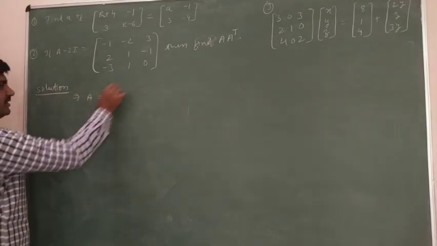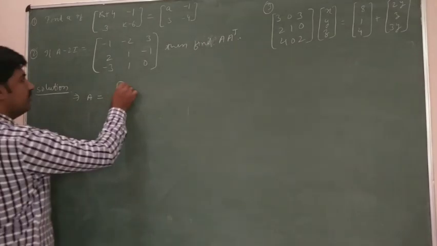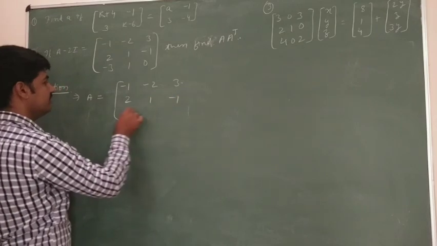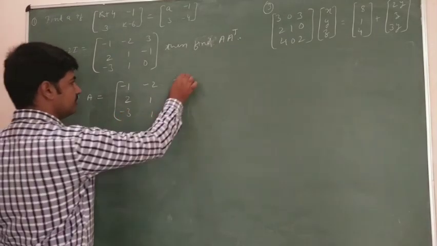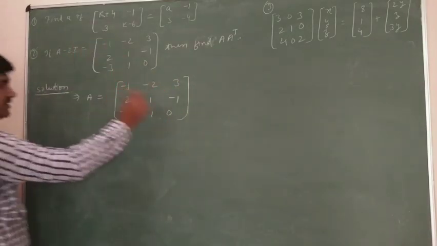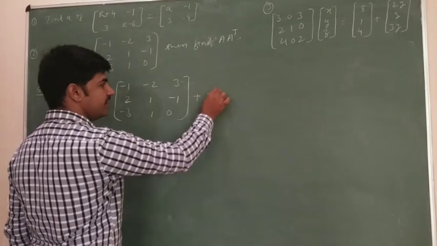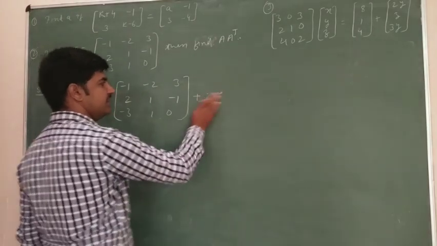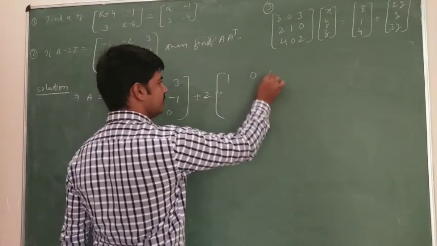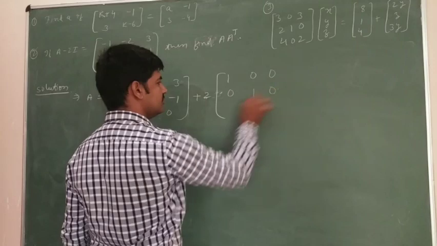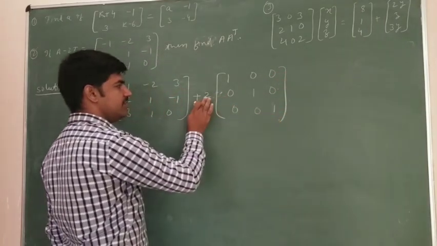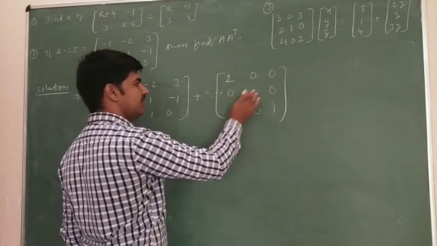This implies that A is equal to minus 1, minus 2, 3; 2, 1, minus 1; minus 3, 1, 0. Then this minus twice of I will go to that side, where we will get plus twice of I. When I put the value of I, an identity matrix of the same order, 1 0 0, 0 1 0, 0 0 1, and it is multiplied by 2, each element will be multiplied by 2.